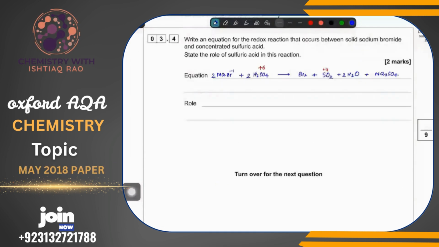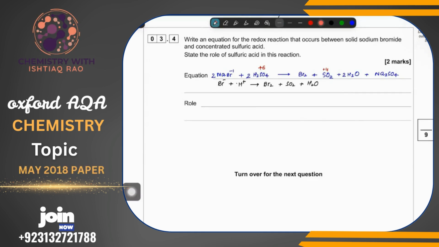And if you are going to write an ionic equation, we can write NaBr as Br-, H2SO4 as H+, and then we write the products, that is Br2, SO2 and H2O.